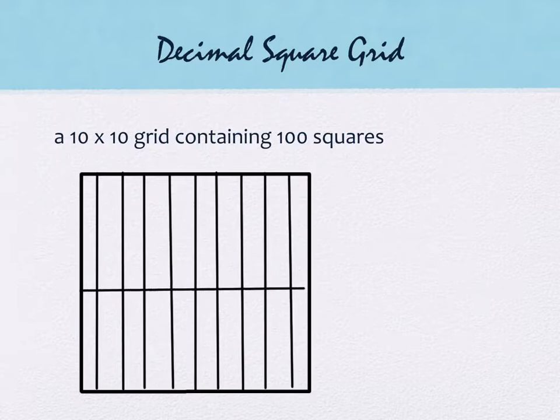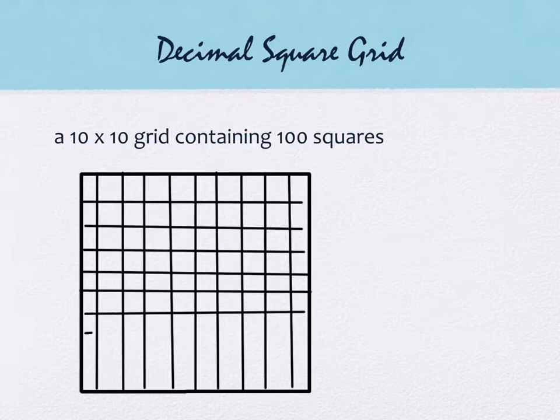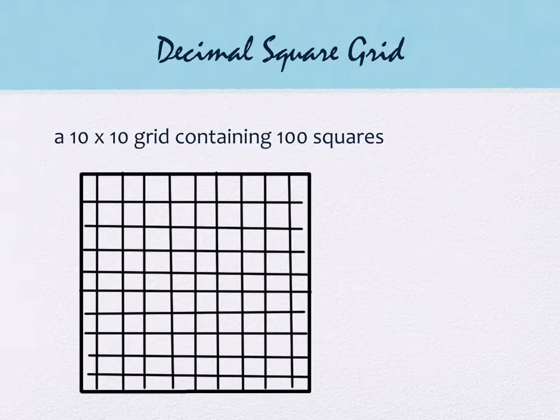I'm going to do the same thing on my rows. Something like that. This would be a 10 by 10 square grid, and it would contain 100 squares, obviously.